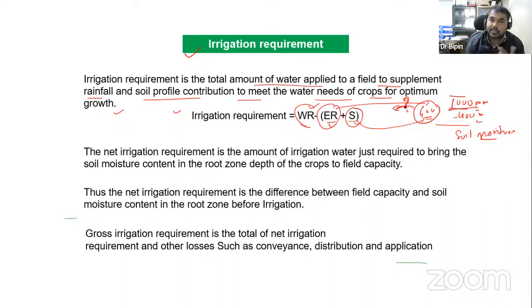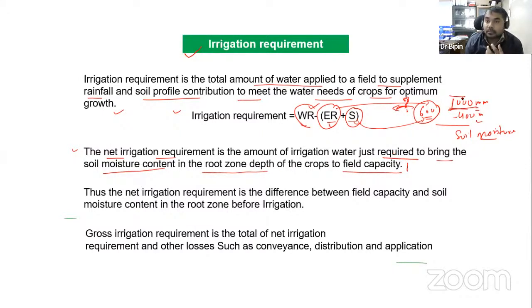So 600 mm will be your irrigation requirement. Now there is another term, the net irrigation requirement. What is the net irrigation requirement? It is the amount of irrigation water just required to bring the soil moisture content in the root zone depth of the crop to the field capacity.